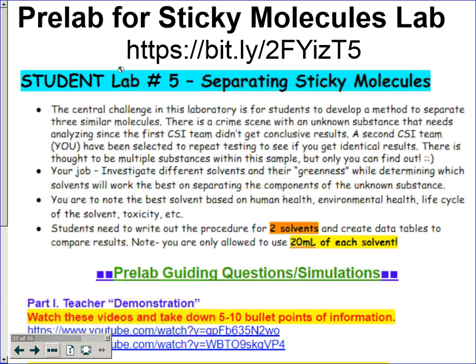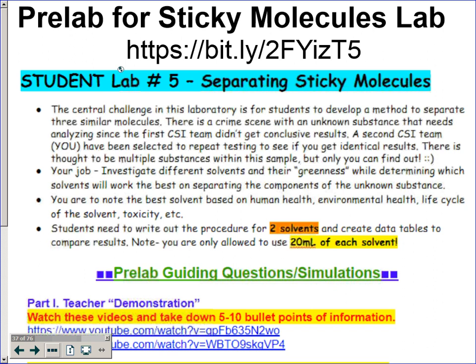Yes, thank you, because we were supposed to get to it Friday, we didn't get to it. So essentially you've been selected as a secondary CSI team, because the first ones were not good, and your job is to try to get some results from a situation where they had something found at a crime scene. That's your premise.